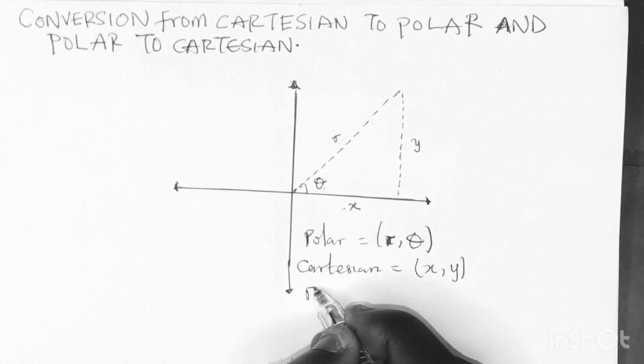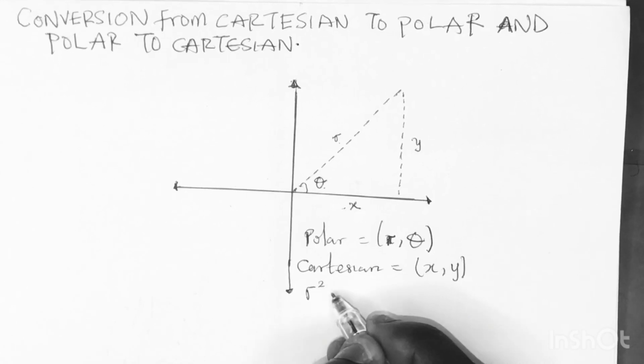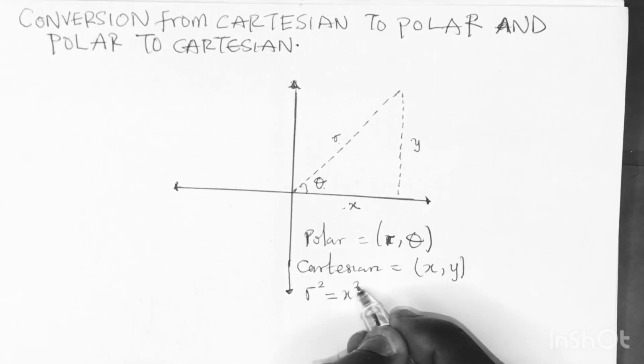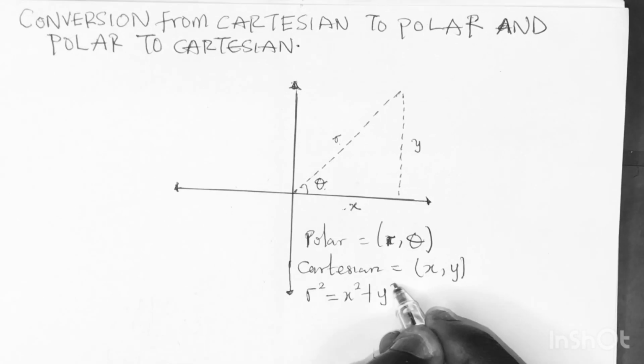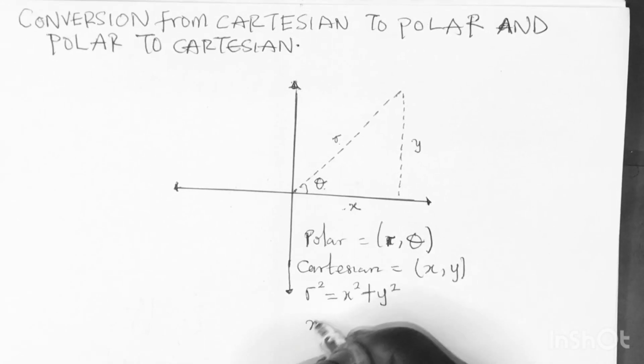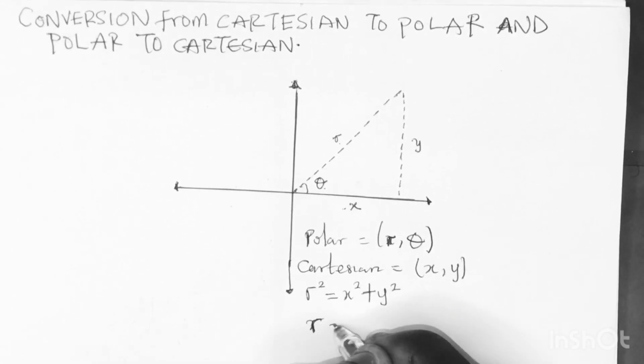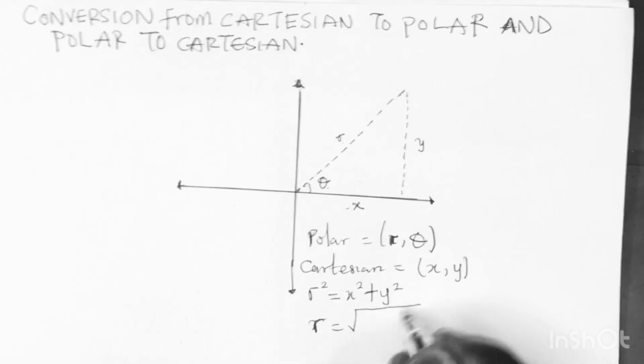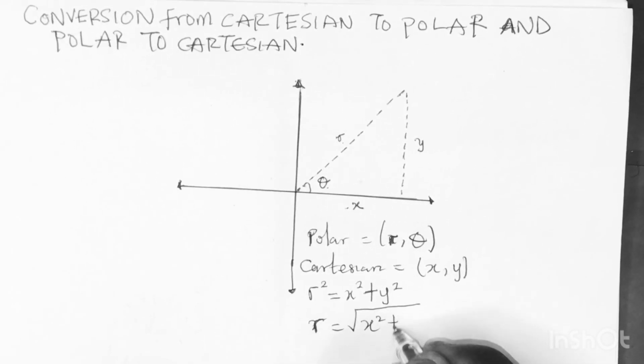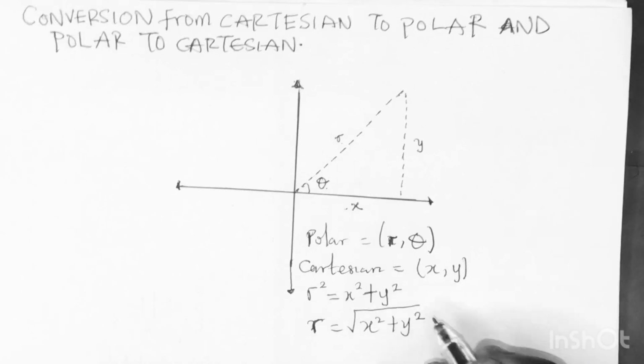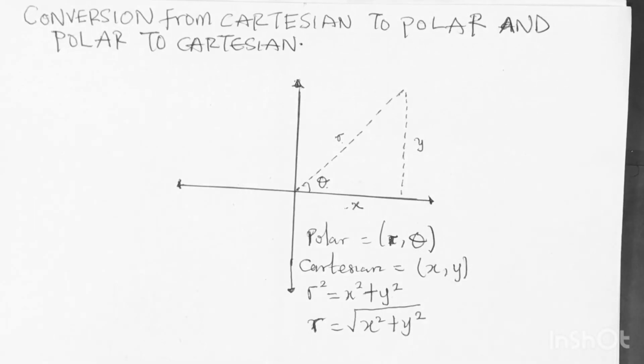So r squared equals x squared plus y squared, and then my r will be equal to the square root of x squared plus y squared. Do we get that now? So if I'm to get my r, this is what I am going to be using.